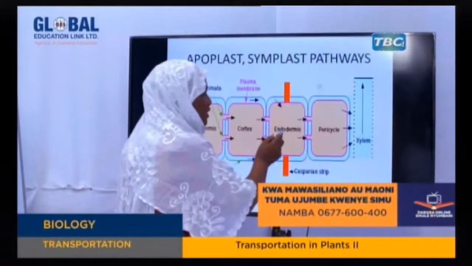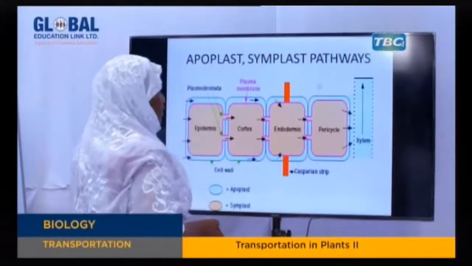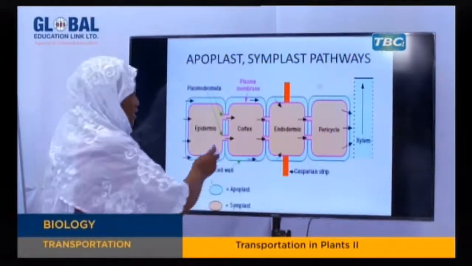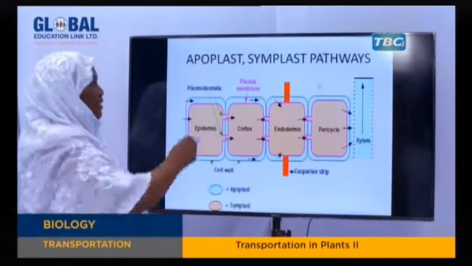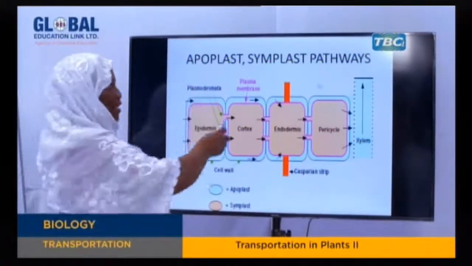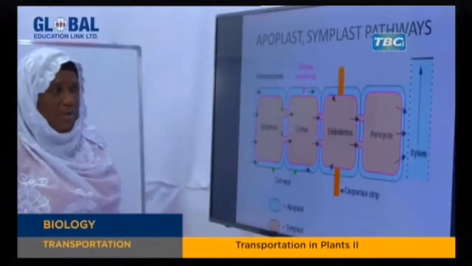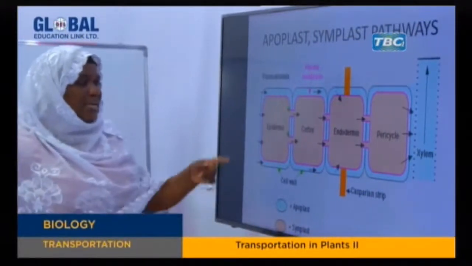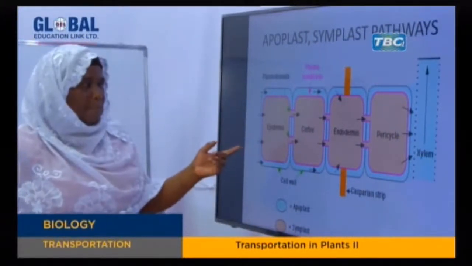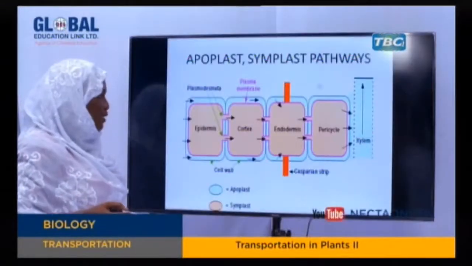From the endodermis, it enters the cytoplasm of the pericycle. This way is what is called the symplast pathway. The third way is not indicated in this diagram. The third way is the vacuolar pathway.